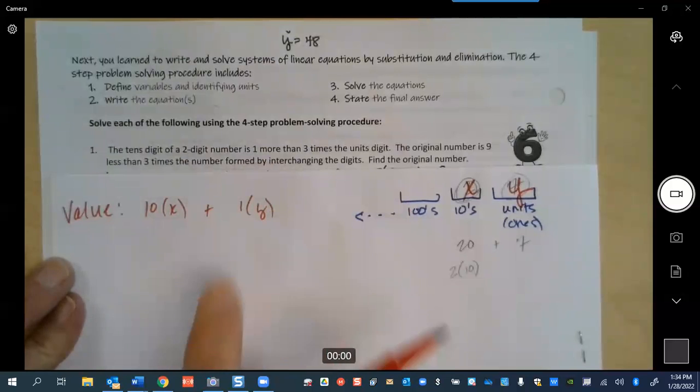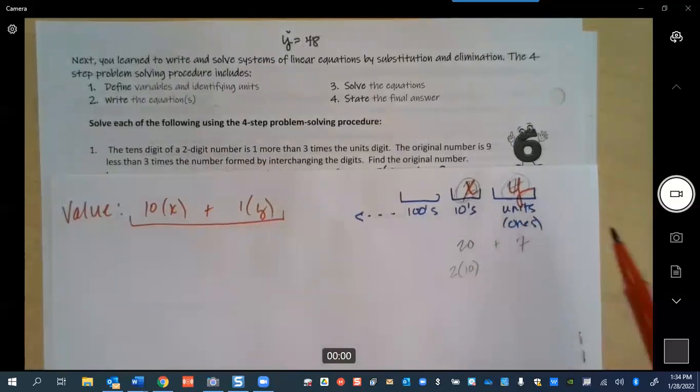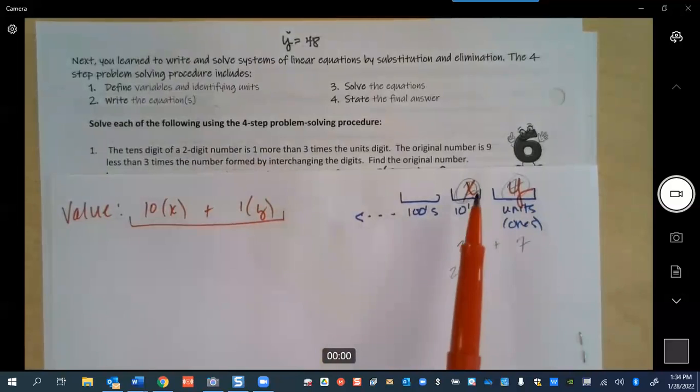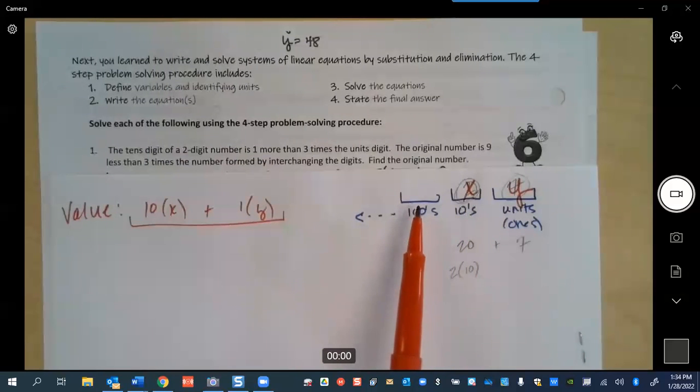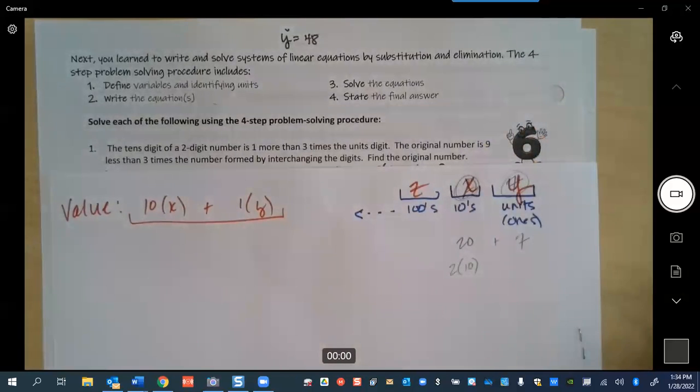So my X and Y represent my digits, but their place in the number, I have to remember this X is not worth the digit. It's worth 10 times that digit. Same as if I had a hundreds value, this digit, let's say I called this one Z, that would be worth 100 Zs.